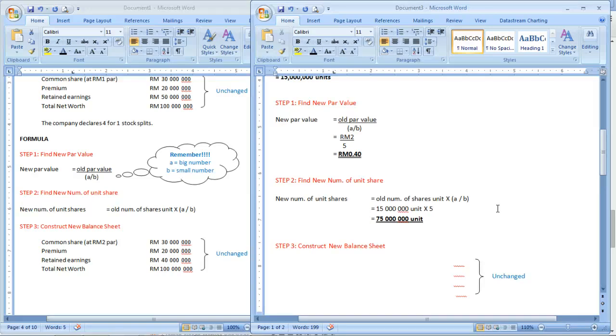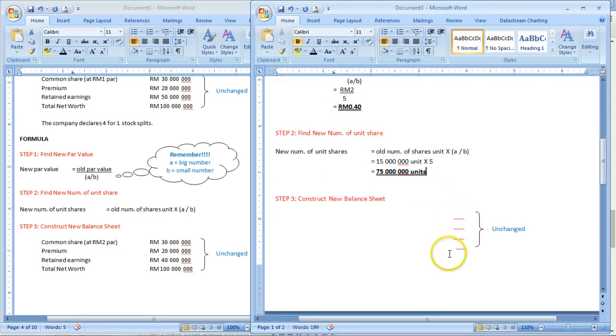You will have 75 million shares. The old one is 15 million units of shares, times 5, so your new one is 75 million units of shares.